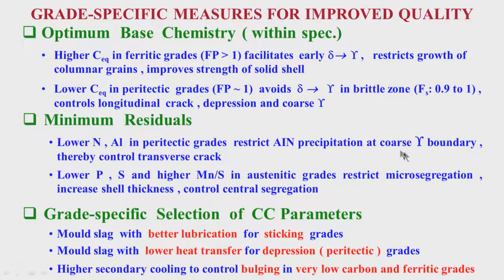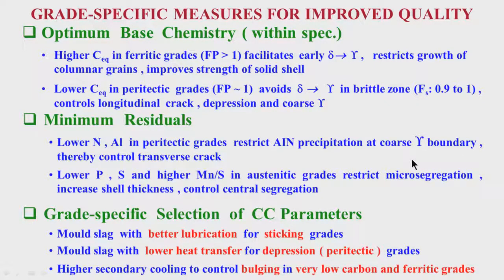Because of that, the austenite grains become quite coarse, and if the austenite grains are coarse, then what is going to happen? The grain boundary area will be less. I think you appreciate this. If the grains are finer, the grain boundary areas are relatively more. If the grains are coarser, the grain boundary areas are relatively less.